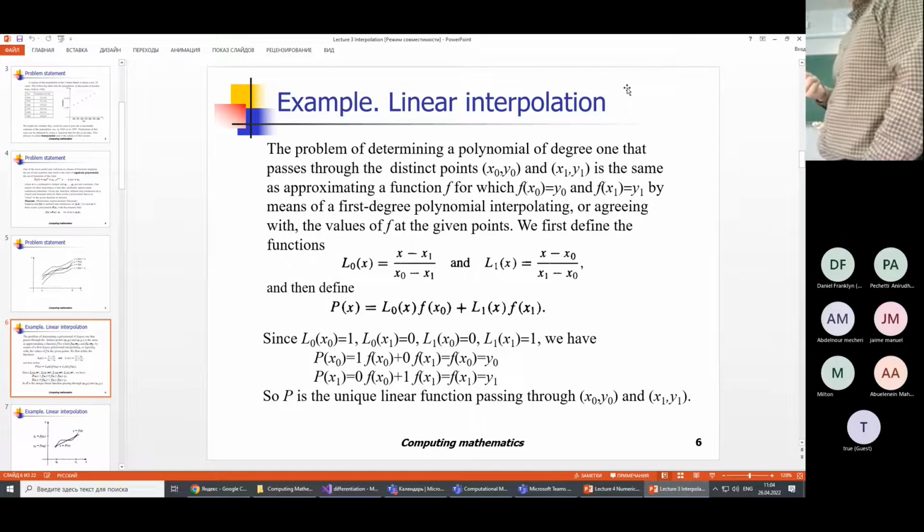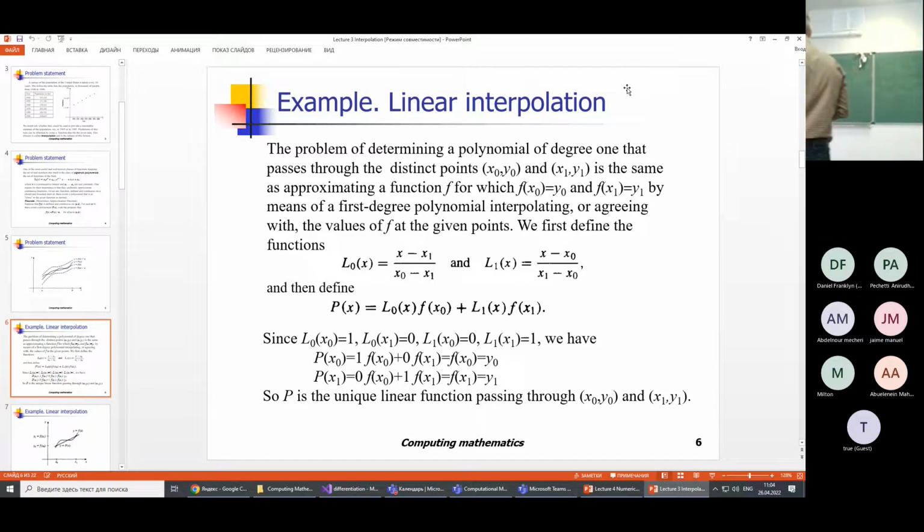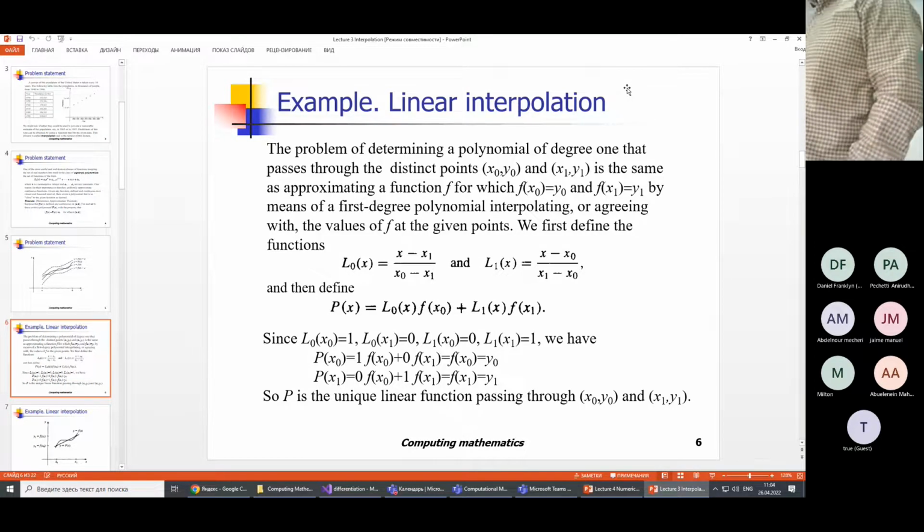What is the derivative of L0 of x? x0 and x1 are constants. x is a variable. How to find the derivative of this function?